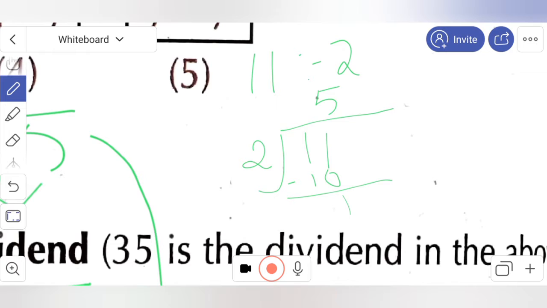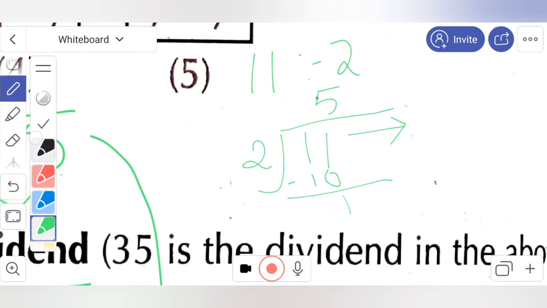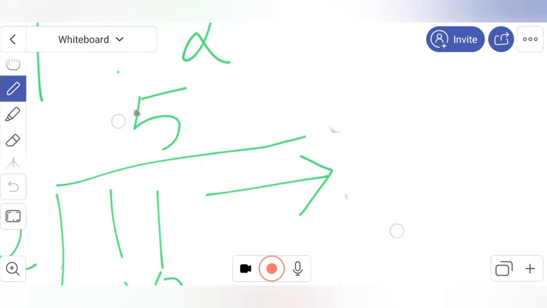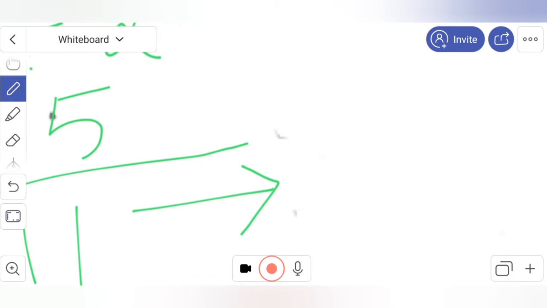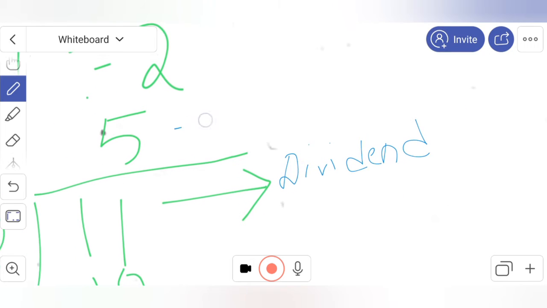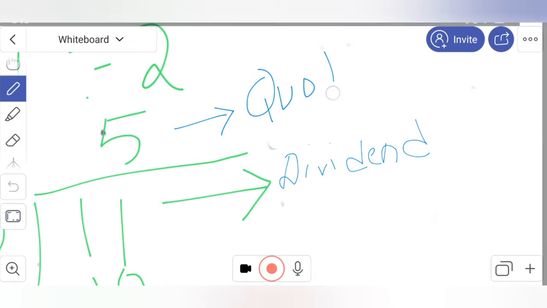So you see here, the one which is inside is called dividend, and this is the quotient.